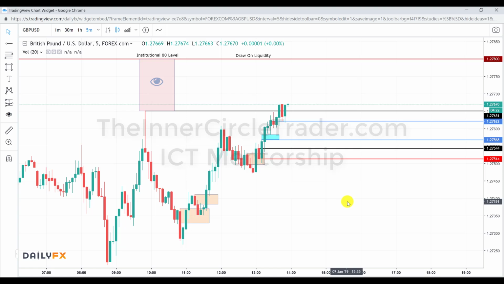That's the real key to understanding what I'm teaching, because we spend more time understanding where price is going to try to reach for, and that's why I call it a draw on liquidity. Think of it like a magnet, okay? And it's going to want to press up into that price level.